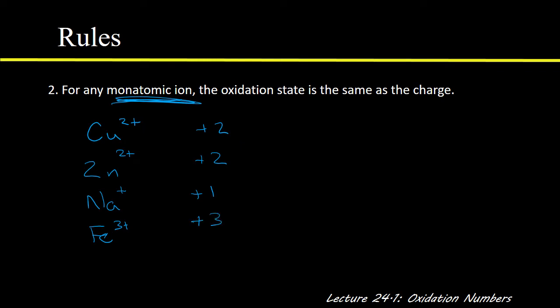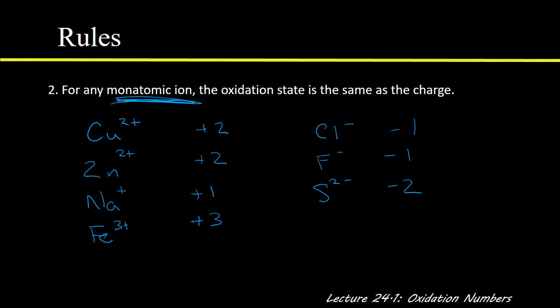Okay. Now this is true for both cations and anions. So if we had chloride, this is an anion now, this would have an oxidation number of -1. Fluoride also -1. Sulfide would be -2. All right.